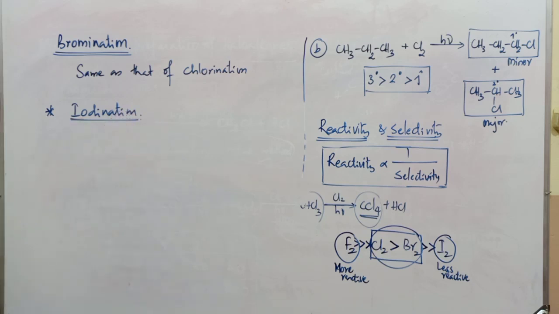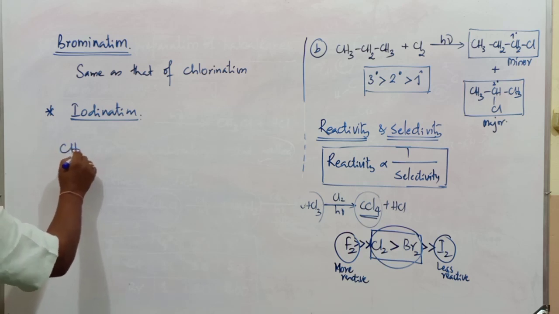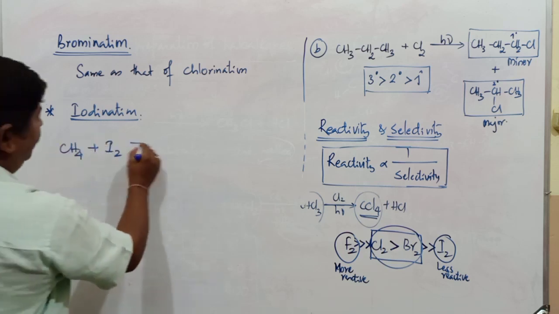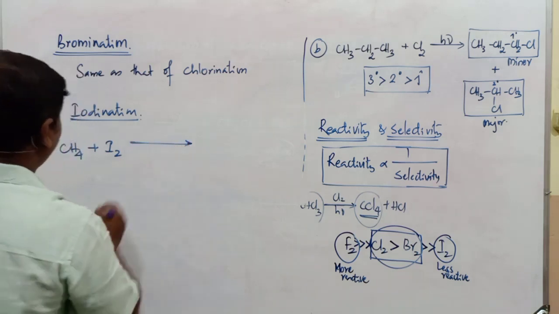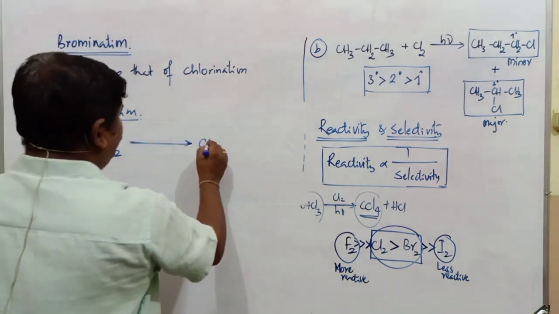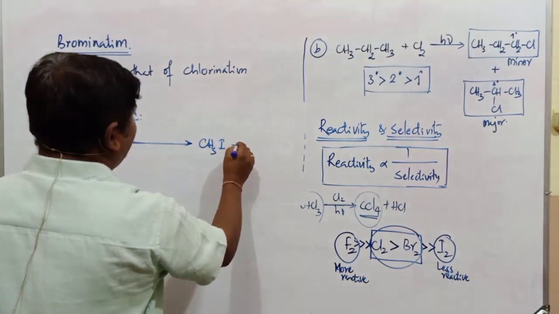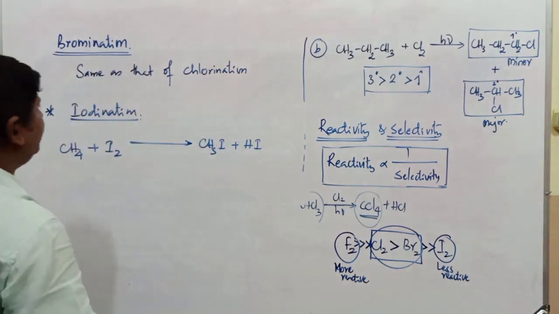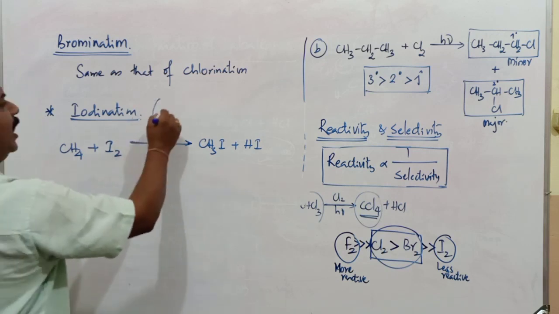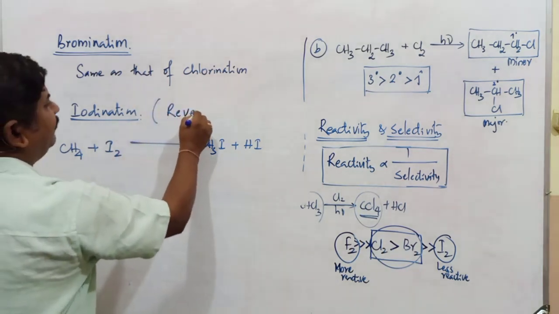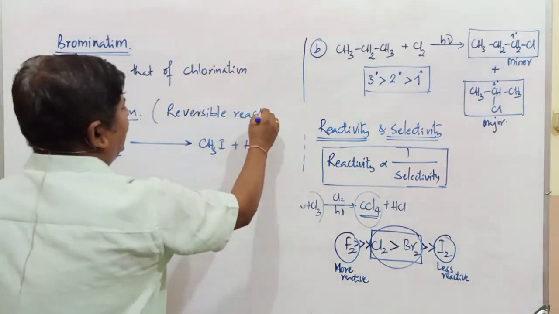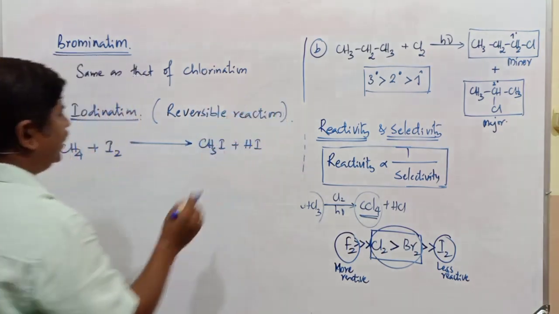If I go with a particular compound, that is CH4 plus I2. When CH4 is treated with I2, this molecule is going to be CH3I plus HI. But one thing you have to remember in the case of iodination: iodination of these alkanes is a reversible reaction.